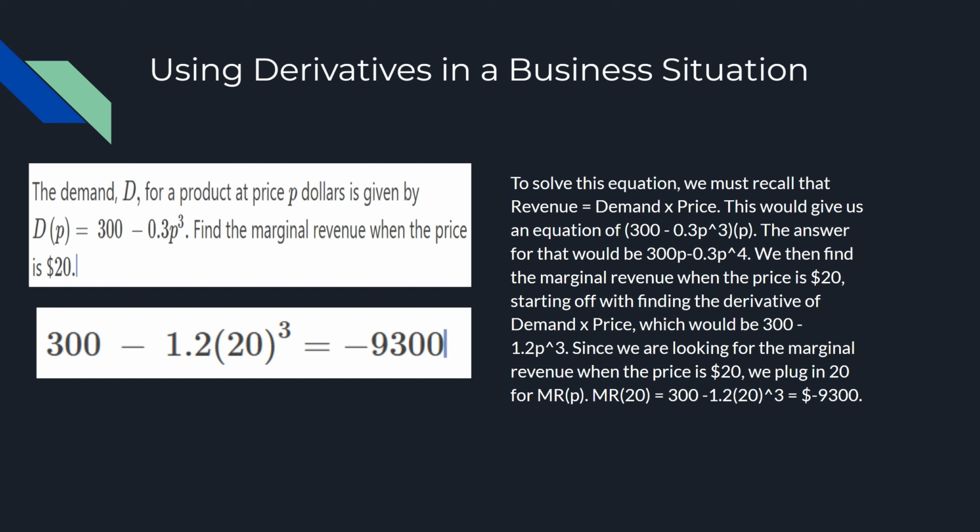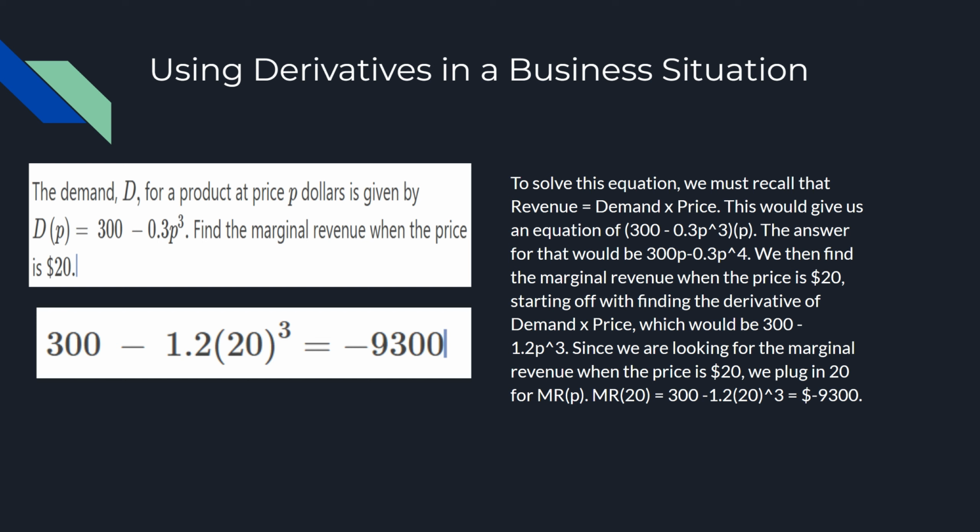And using the distribution method, we would get 300p minus 0.3p to the power 4. And once we've done that, we then look for the marginal revenue that it asks for when the price is $20. And we start off by first finding the derivative of the demand times price, which would be 300 minus 1.2 p cubed.